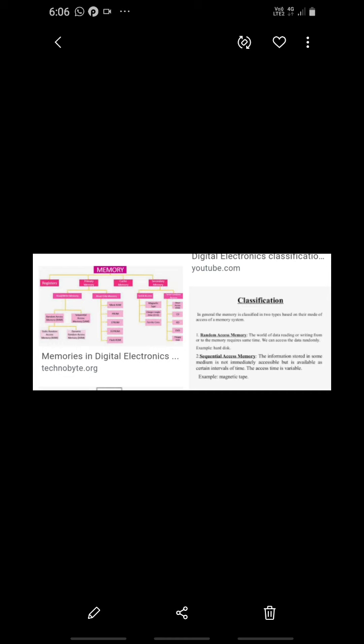Examples: ROM, PROM, EPROM, EEPROM, etc. Many semiconductor memories are volatile, while all the magnetic memories are non-volatile, which means they can store information without electrical power.